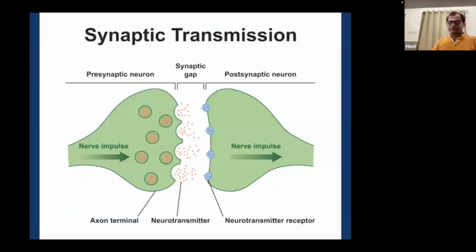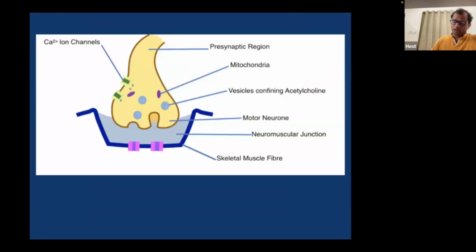So here you can see this is the nerve and this is the skeletal muscle. And we can see how the message is passing from nerve to the skeletal muscles at the neuromuscular junctions.